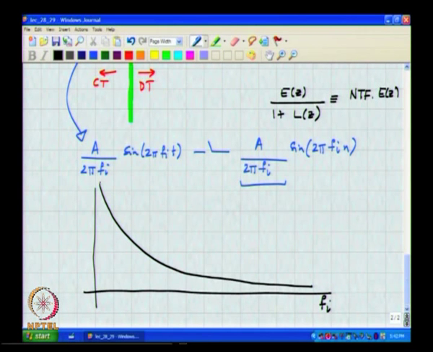But at low frequency, what I want to point out is that it goes as 1 over Fi, alright. Now, if Fi exceeds 1 hertz, I have just chosen some random x axis, right.